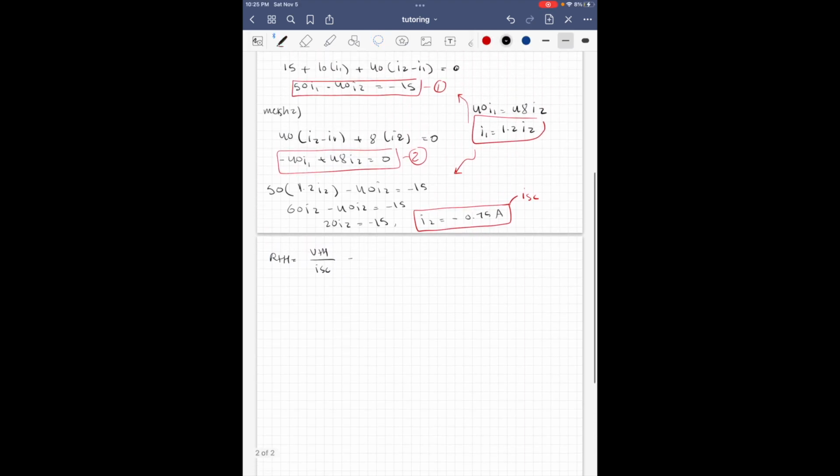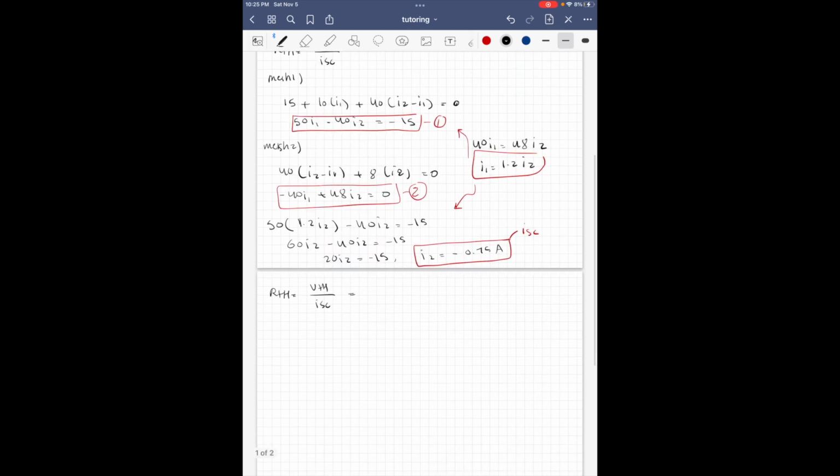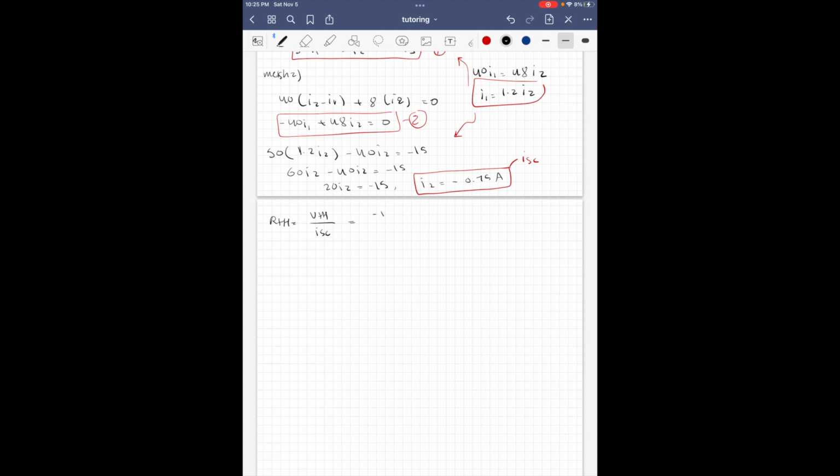So it's equal to the Thevenin voltage, which we already found to be 12 volts, over short circuit current, which is going to give us 16 ohms.